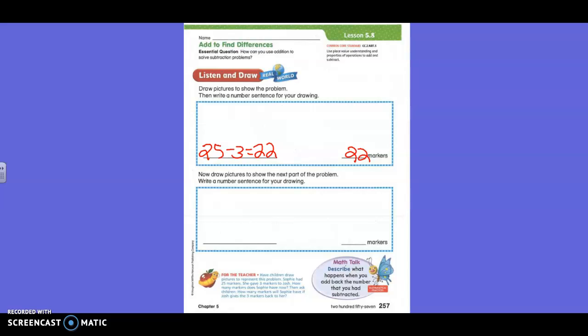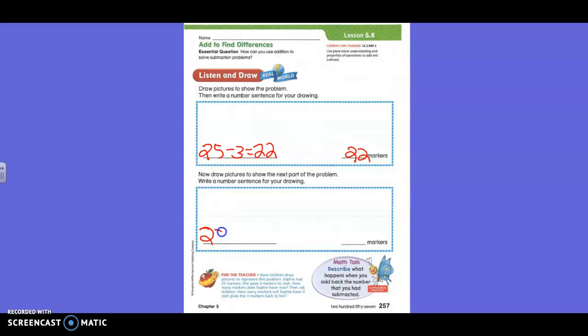Now, the next problem, listen to this one. How many markers will Sophie have if Josh gives the 3 markers back to her? So what would we do then? Yeah, we're going to add again, but what are we going to add? 22.